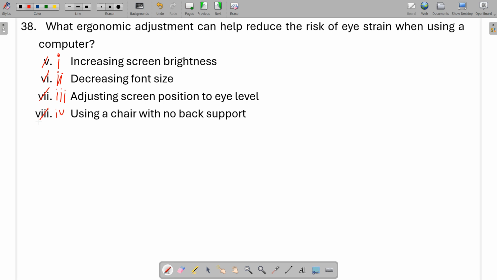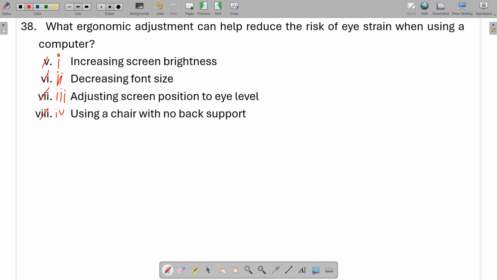So the Roman number 1, the first choice is given: increase screen brightness, which is not going to help you, which actually increases the risk of eye strain, because when the brightness is more on your screen, it is not very easy for us to see, and it's a very big strain created by the screen.